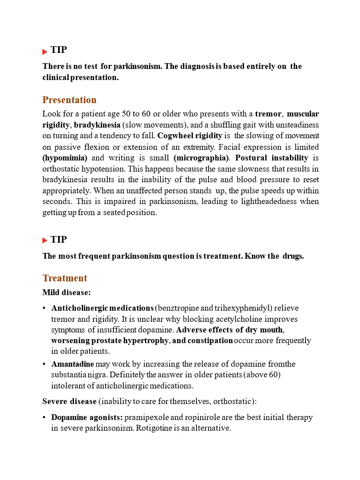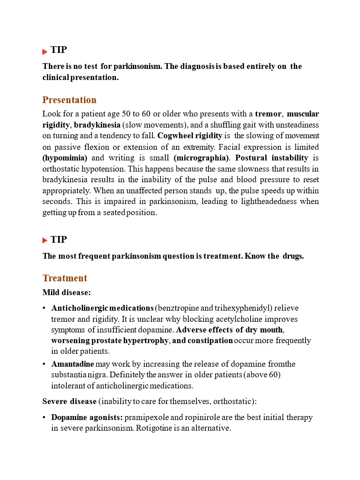This relieves the tremor and the rigidity. It is unclear why blocking of acetylcholine improves the symptoms of insufficient dopamine. Adverse effects of dry mouth, worsening prostatic hypertrophy, and constipation frequently occur in older patients.